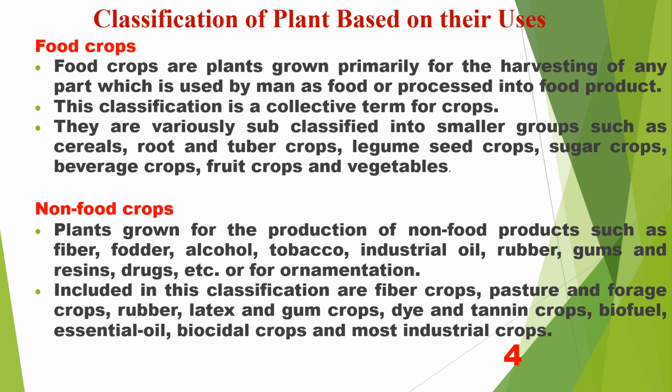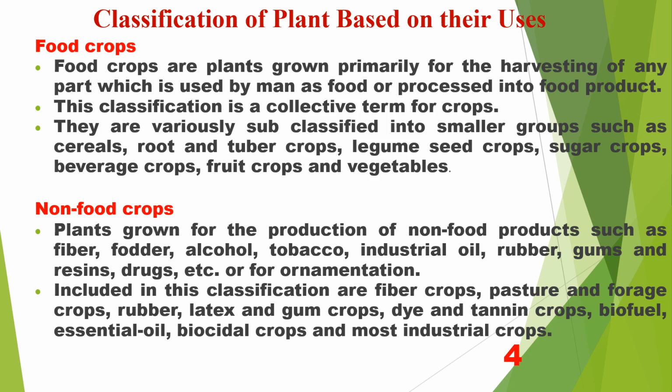And then we have root and tuber crops. Root and tuber crops refer to underground storage structures, or underground carbohydrates that grow under the ground.